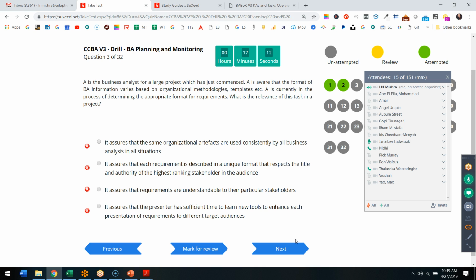Nidhi, C is the right option, what Yaroslav said. From the BABAC perspective, all our deliverables must be understandable to our stakeholders.